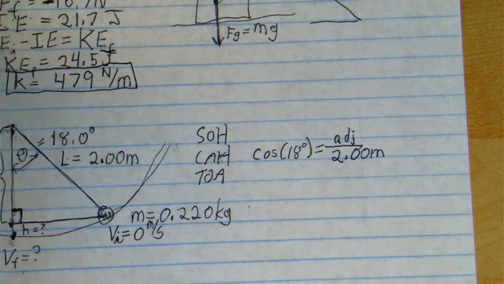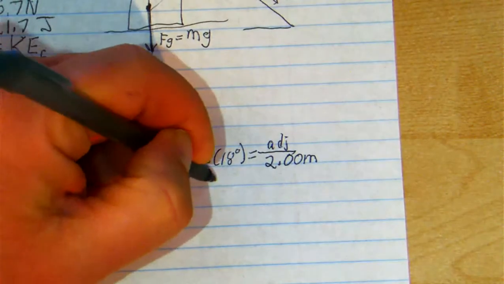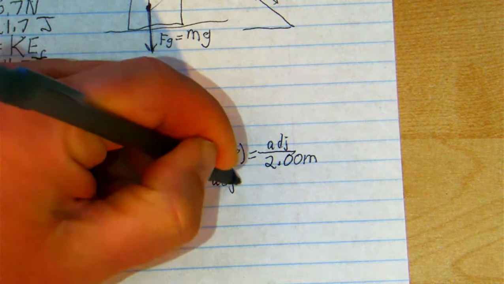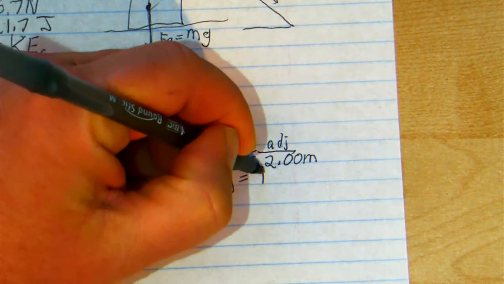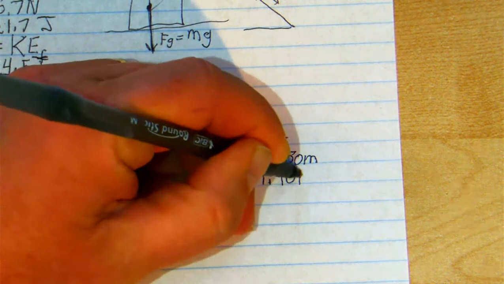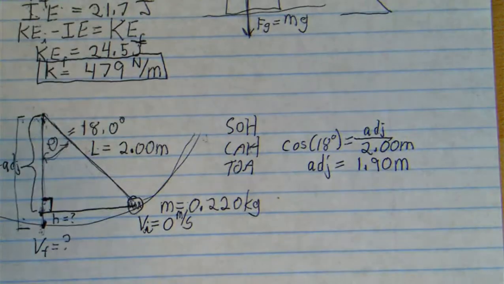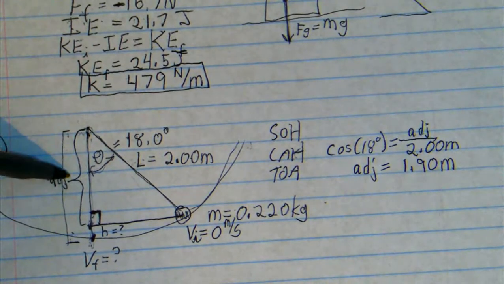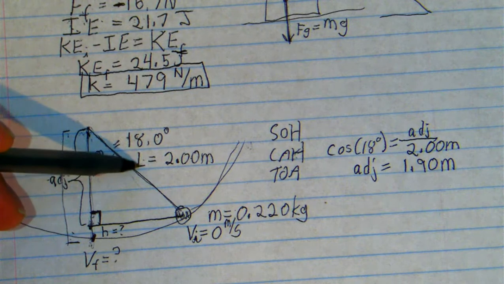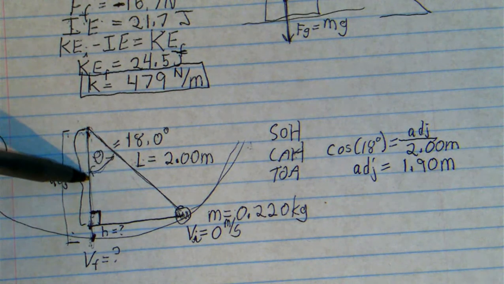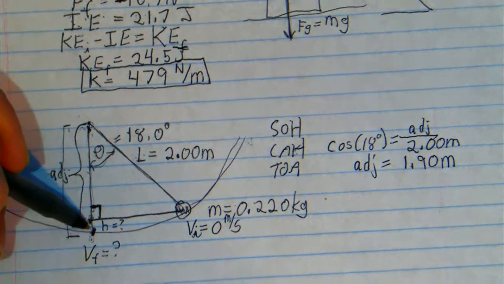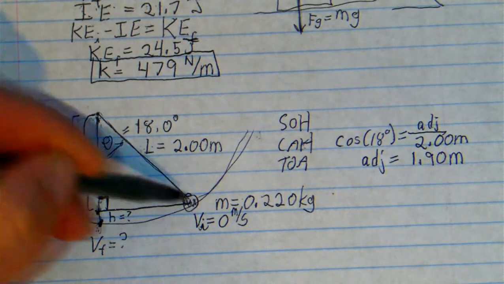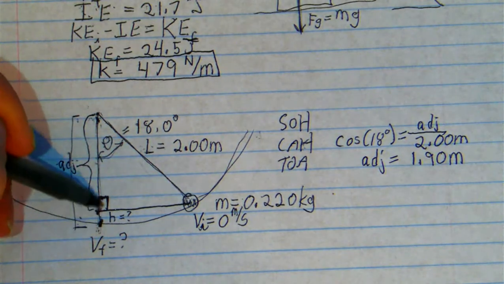All right, so what my students have worked out, not unanimously, is that the adjacent length is 1.90 meters. If that's true, then the difference between 2 meters and 1.9 meters will be the length of this little segment here, h, the height of that bob above the bottom of the swing.